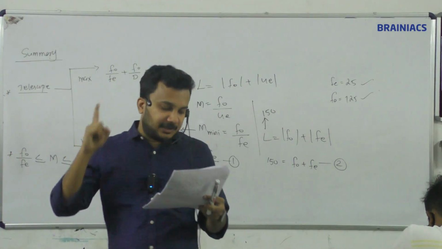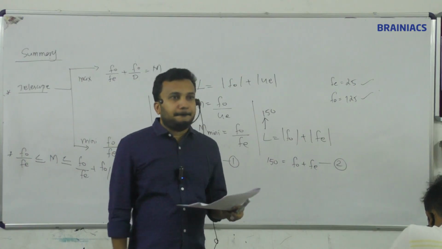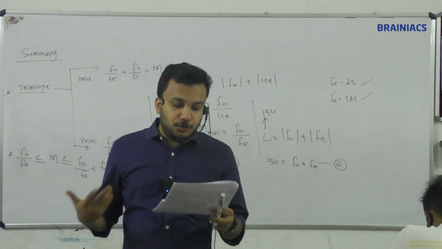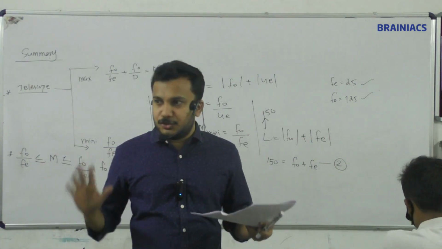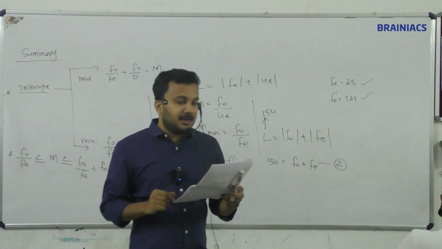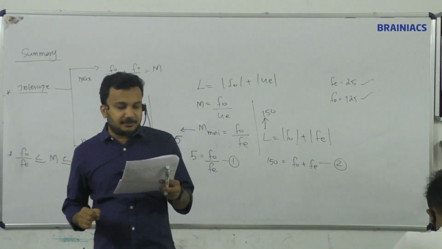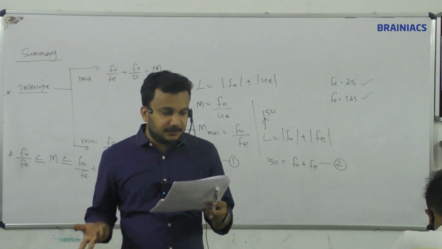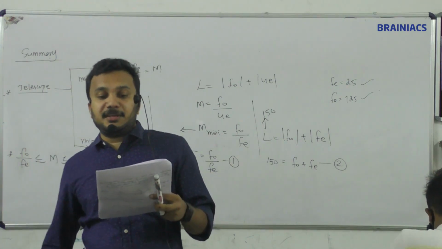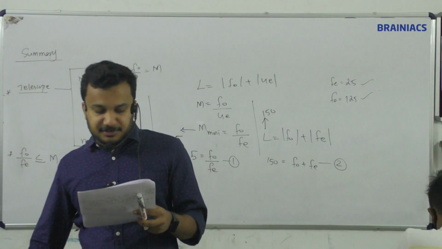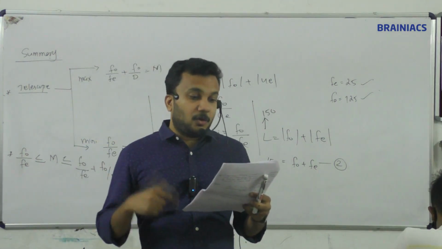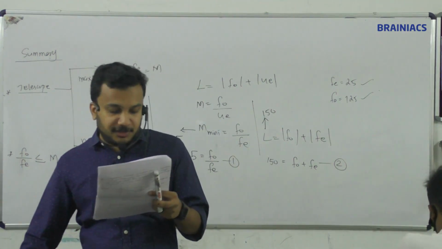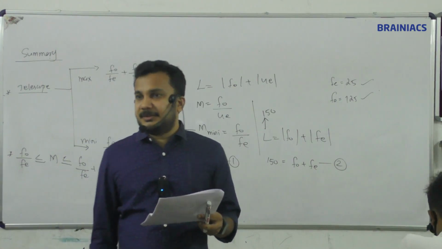Where UE is formed I don't know, so UE we keep as such. The focal length of the eyepiece is not given separately, it is 5, so FE equals plus 5 centimeter. The objective focal length is given: F0 equals 100 centimeter.